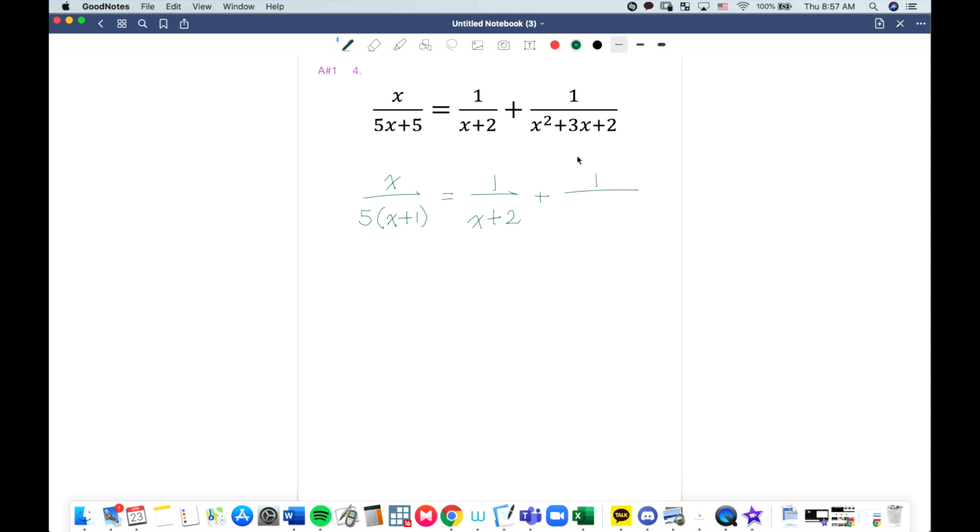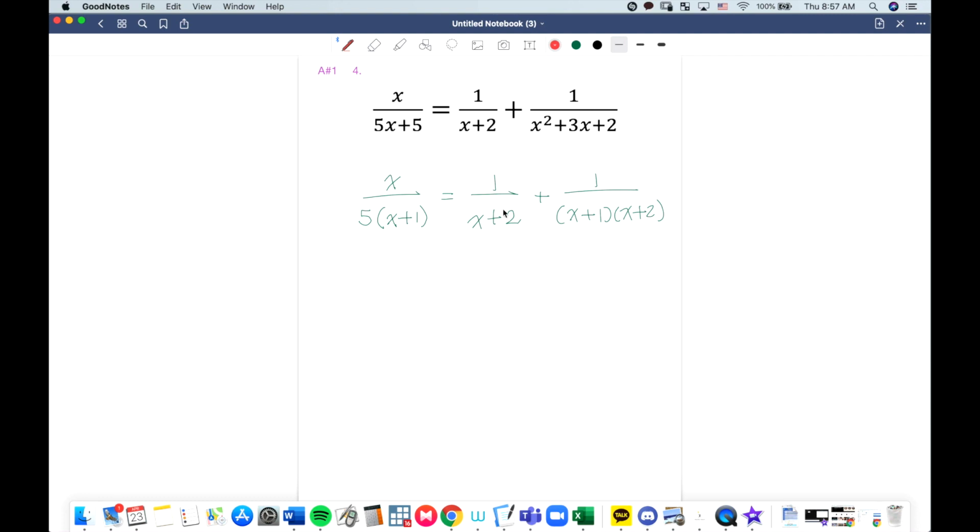X squared plus 3x plus 2. This is where you use slide divide bottoms up. If you do that correctly, you should get x plus 1 times x plus 2. Okay, so now let's take a look. This first fraction has a 5 and x plus 1 in the denominator.